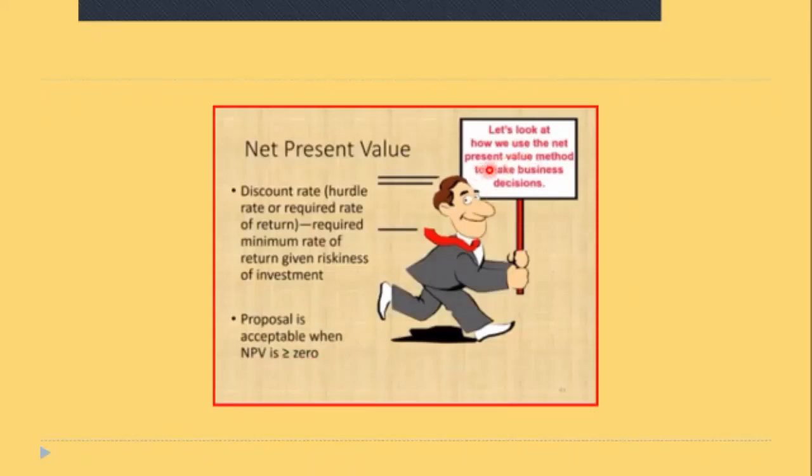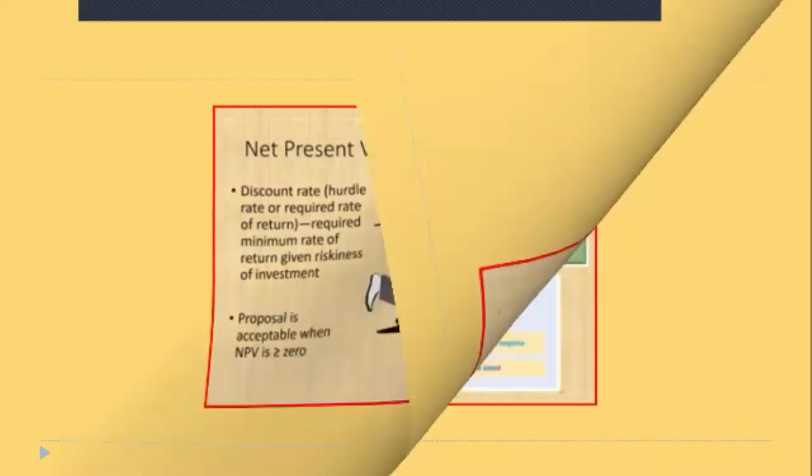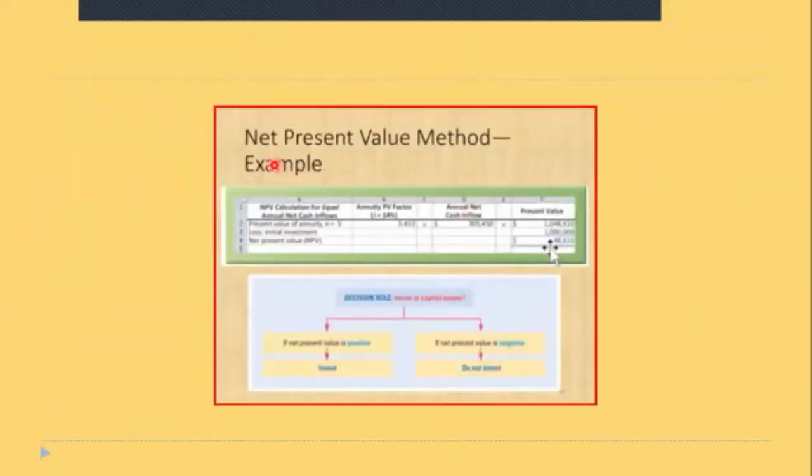So let's take a look at how we use that net present value method to make business decisions. The net present value method, the example. This is a bit blurry there. I took it off a textbook. I'll read out what it has there.